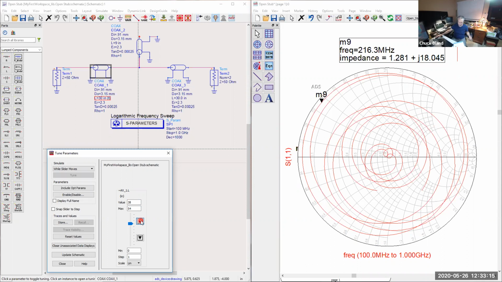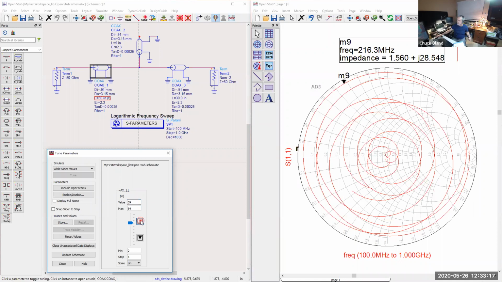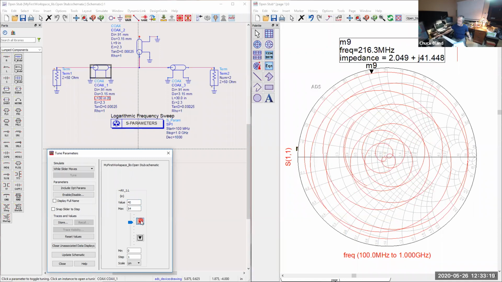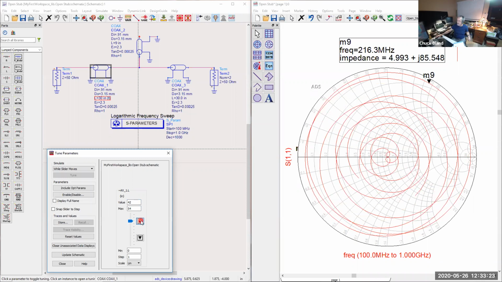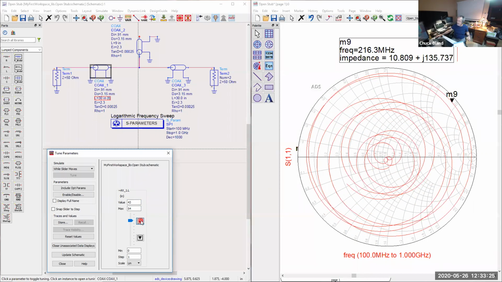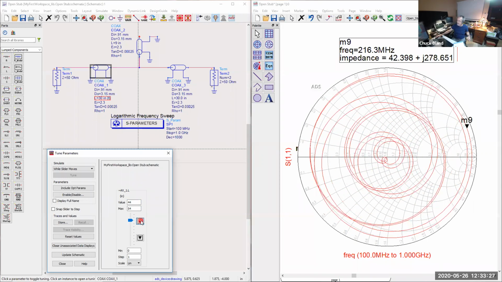The reactance is greater than 0. So we can see that just by making this longer. And we can see we're heading higher and higher in impedance, and we're certainly and clearly inductive.